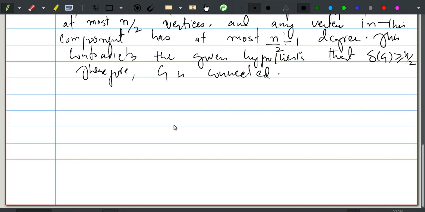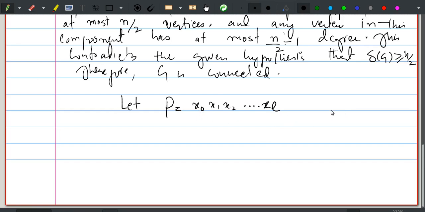So we can choose a path of the largest length, and let P equal x0, x1, x2 through xl. Now this is a path between vertices x0 and xl, which is of the largest length.